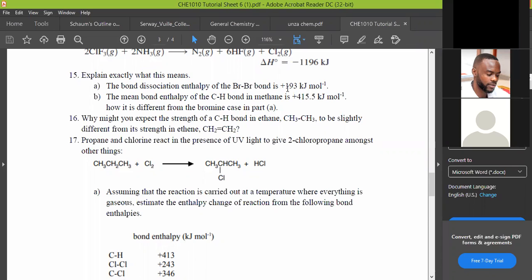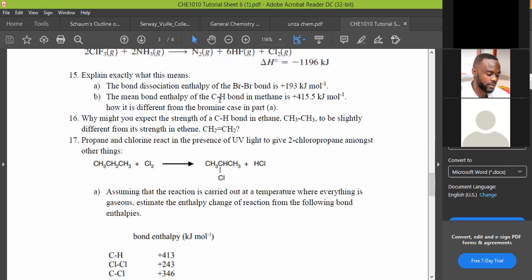Now you are looking at dissociation. Dissociation is breaking apart. This simply means that the standard enthalpy of dissociation is the energy required to break the bromine molecule. One more, because they've put here per mole.